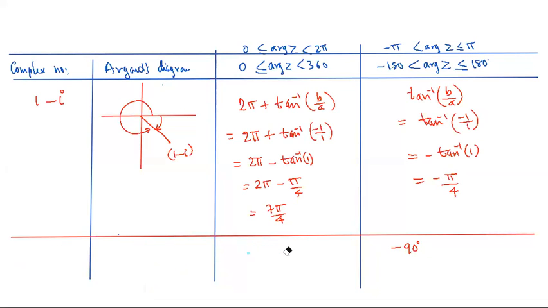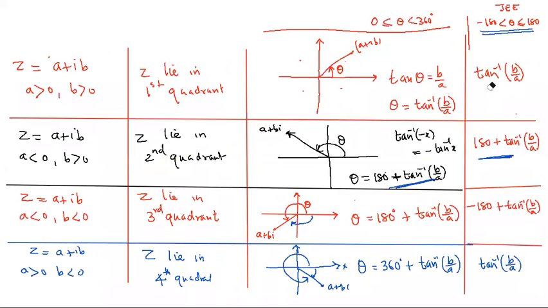I think you understood all the cases. Anybody having doubt in any of the cases? Sir, in the second case, which is required for JEE, I have a little doubt. Okay, look at this. The formula has a little bit of variation. First and second quadrant both have the same answer. Only third and fourth quadrant have different answers. Why is it minus 180 plus tan inverse b by a in the third quadrant?